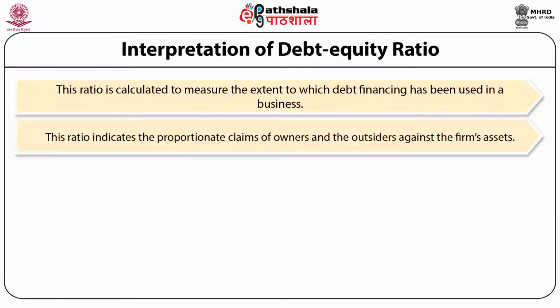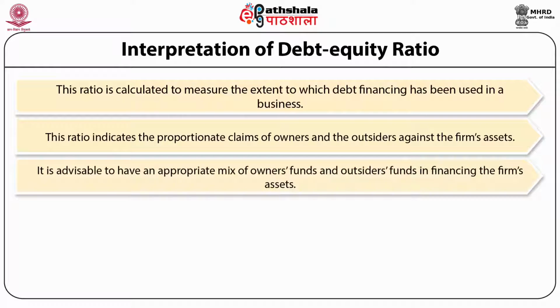The proportionate claims of owners and the outsiders against the firm's assets can be indicated with the help of this ratio. The purpose is to get an idea of the cushion available to outsiders on the liquidation of the firm.